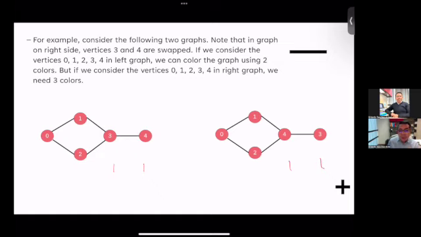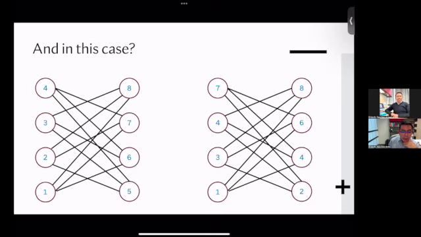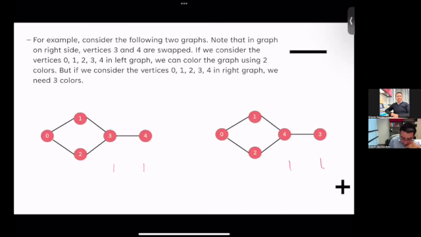And by doing exactly the same order, but in the right graph, we are going to need 3 colors. So we can do it: color 1, color 2, color 2, color 1, color 2, right? So in this case, we have 2 colors.